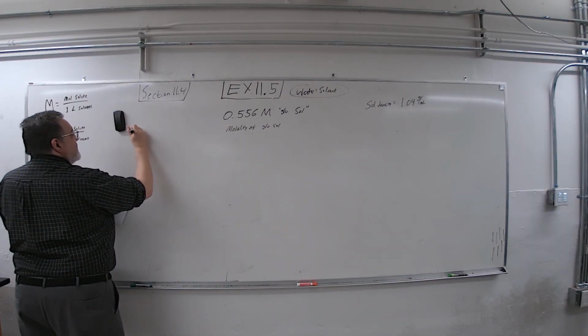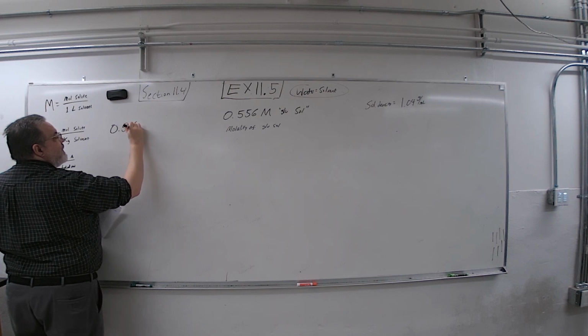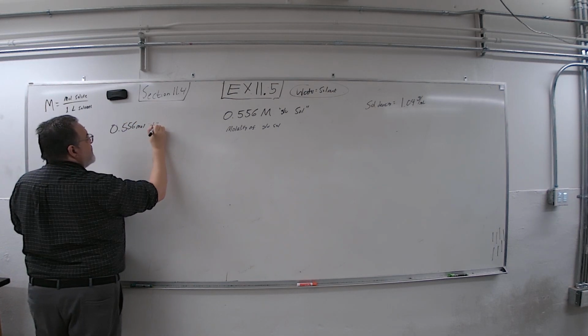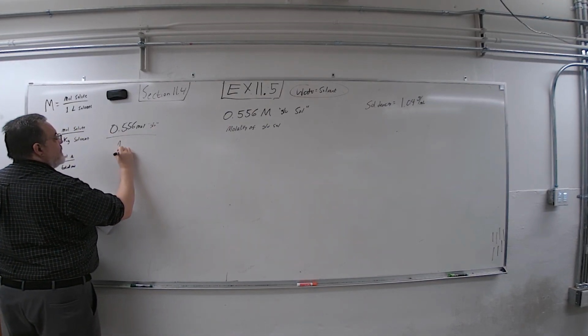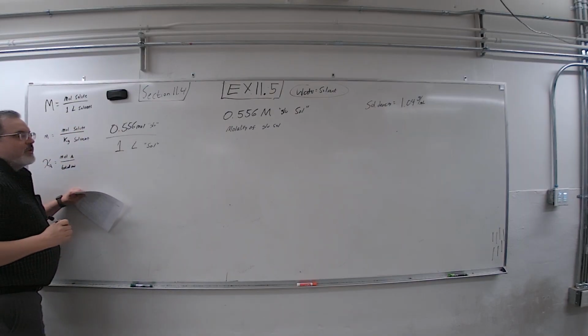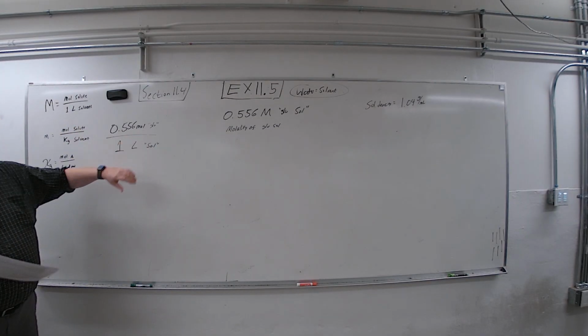This means it's 0.556 moles of glucose in 1 liter of solution. It's not 1 liter of water, it's 1 liter of the glucose solution.